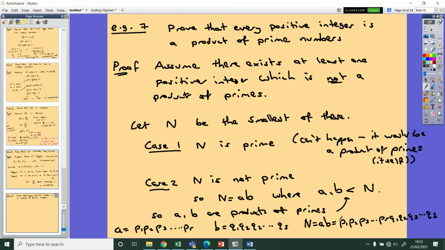Okay, so look at this. I've got all the P primes here, I've got all the Q primes here, but as a big long list, this is a big long product of primes. But we're done, because then that contradicts this statement here that says that N cannot be written as a product of primes. Okay, and that one's finished.